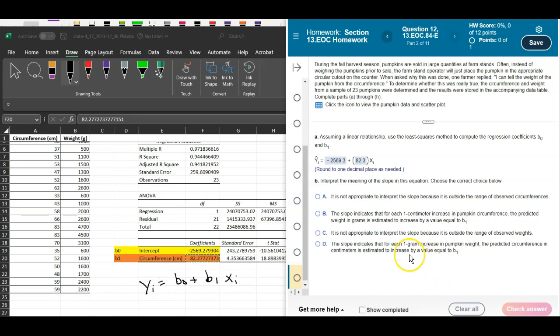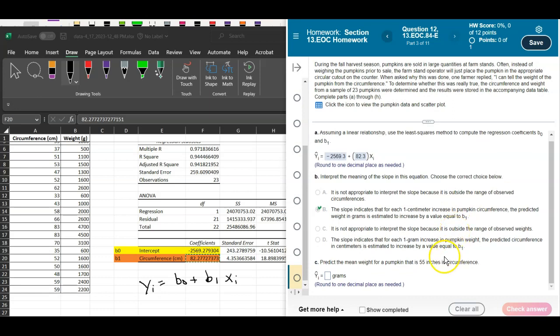This is the best choice: the slope indicates that for each 1 gram increase, no, it's supposed to be centimeters, that's the x value. So the slope indicates that for each 1 centimeter increase in pumpkin circumference, the predicted weight in grams is estimated to increase by the value of B1. So every increase in x is reflected in y. Check it, good.